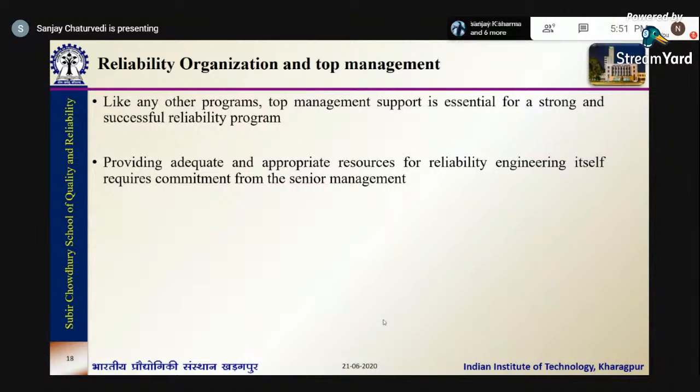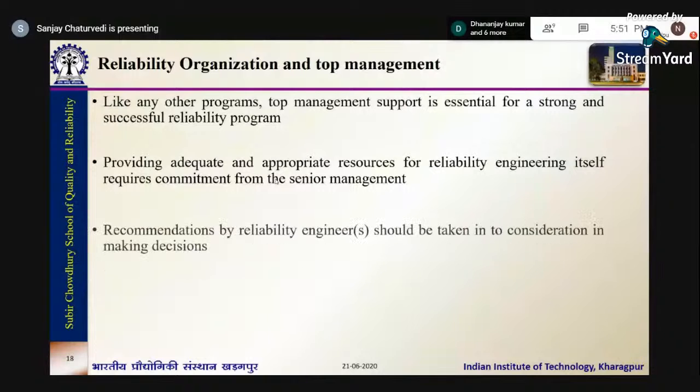So the role becomes providing adequate and appropriate resources for reliability. It still requires commitment from there.